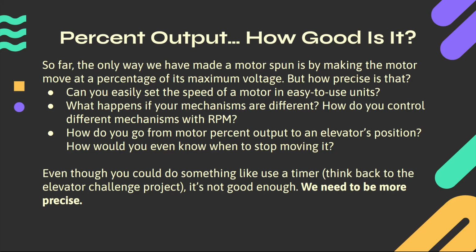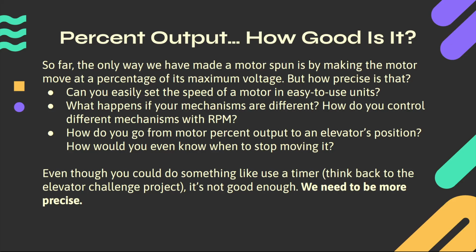You could have a whole bunch of things attached to your motor, like an arm or different flywheels for a shooter, which we'll talk about in the future. How do we control the variability of the mechanisms on our robot? And finally, how do we go from something like motor output to an elevator position? Think about something that moves linearly instead of something that's just angular in terms of the motor shaft. How do we even know when we would stop moving?